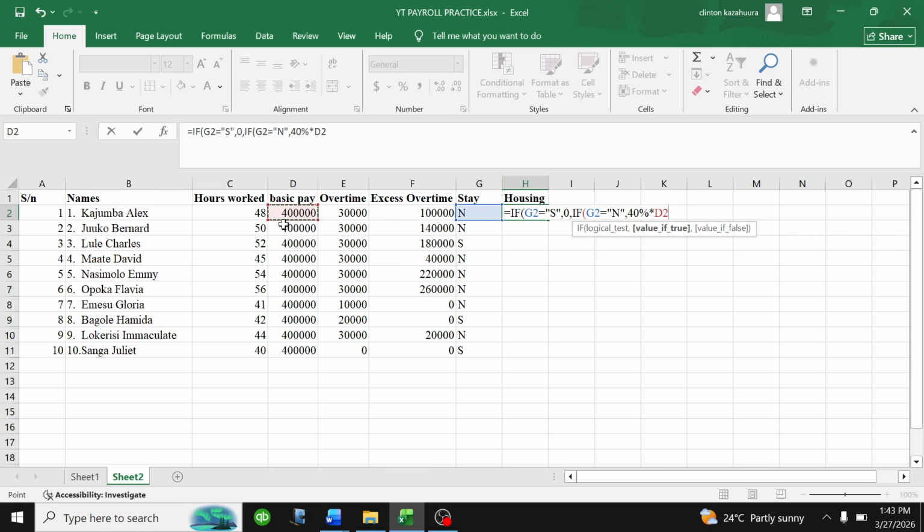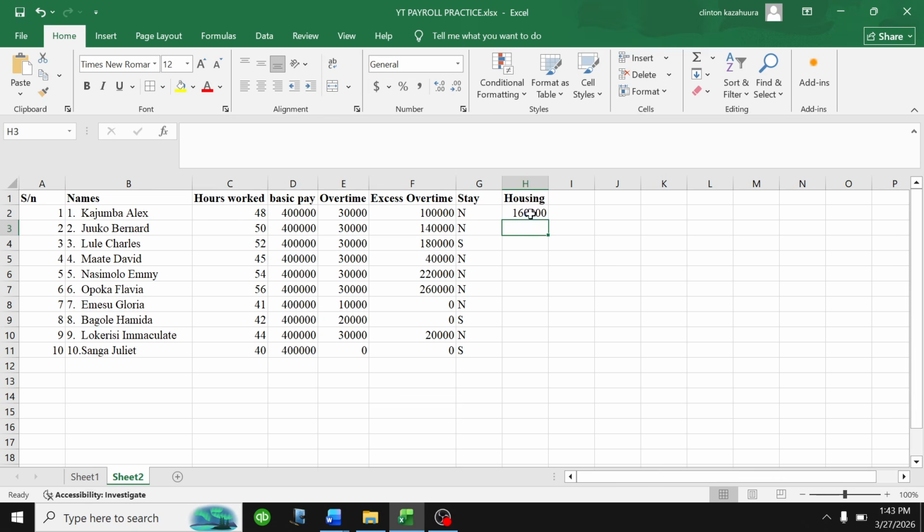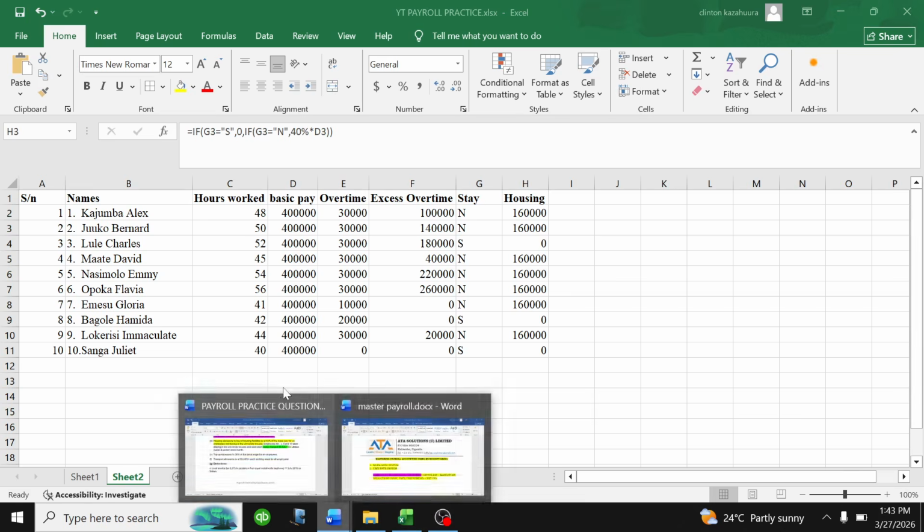Okay, so that is my condition. I test it and see whether it is working. So you see, all those who are not staying, those who have N, they have awarded them 160,000 as their housing allowance. We move.